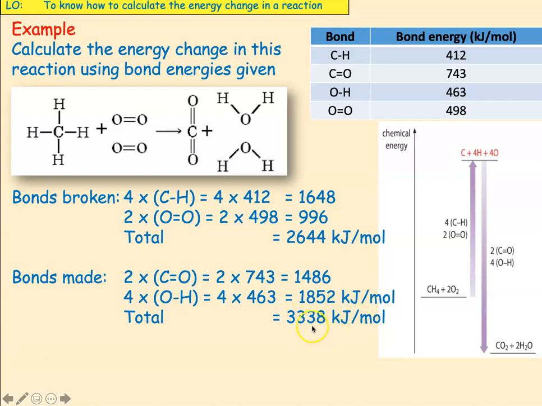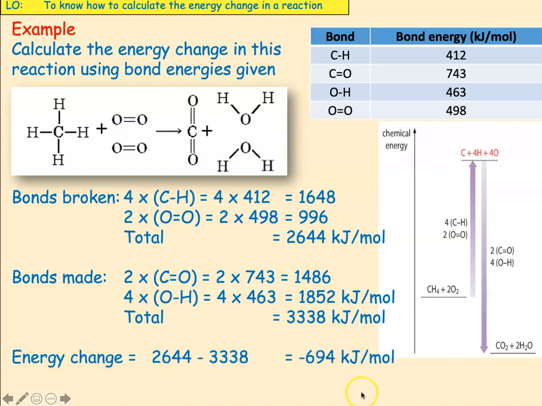Add those together, and that will be the total released with all of it. So this is the total that we've had to break both of the reactants, and this is the total of making all of these.